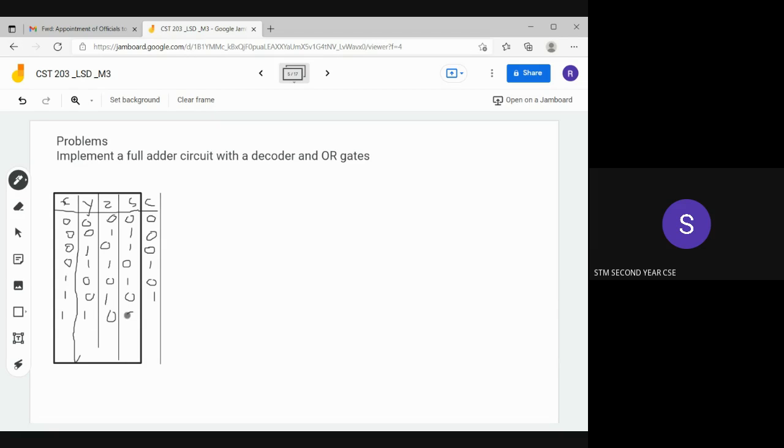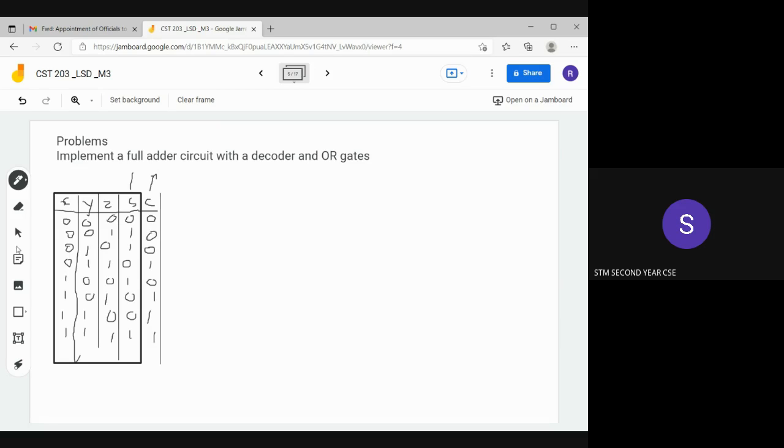Here sum is 0, carry 1. At last 1, 1, 1. Here sum is 1 and carry is 1. So this is the full adder truth table. From this you can see this is the sum and this will be the carry. Okay. So we need to implement this by using a decoder, isn't it?